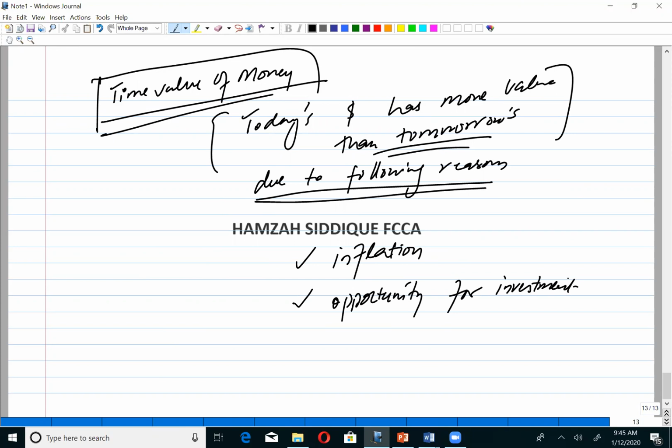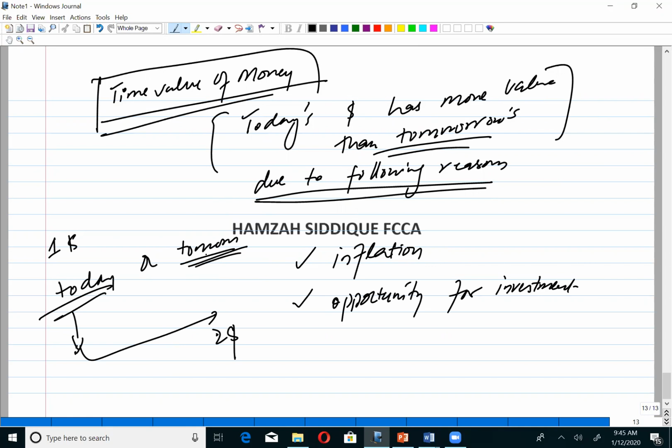But if you receive tomorrow, that will be $1 only. So I repeat: you have two options, receive $1 today or tomorrow. If you receive today, you can invest it and make it $2 tomorrow. So today's money has more value.